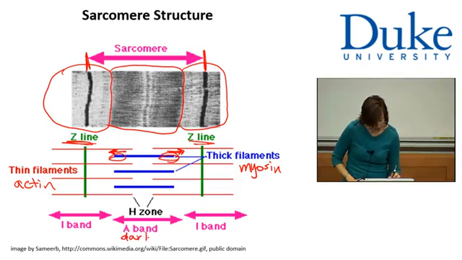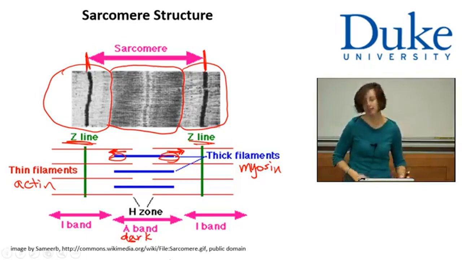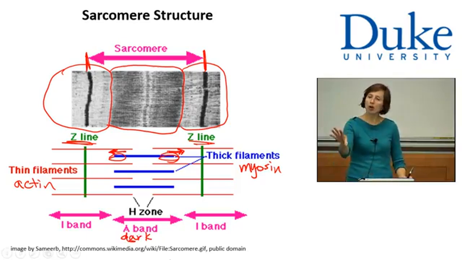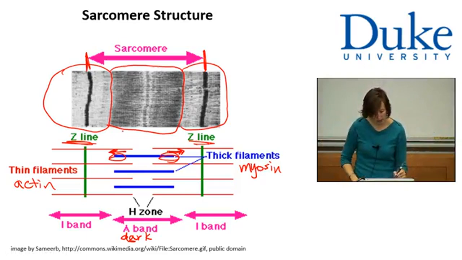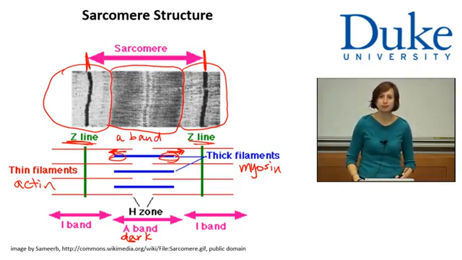And you can remember that dark has an A in it, and so it's the A band. So anywhere where we have myosin, since it's thick, it will be staining darkly, and that's what's responsible for this A band right here, is that this is where myosin is.